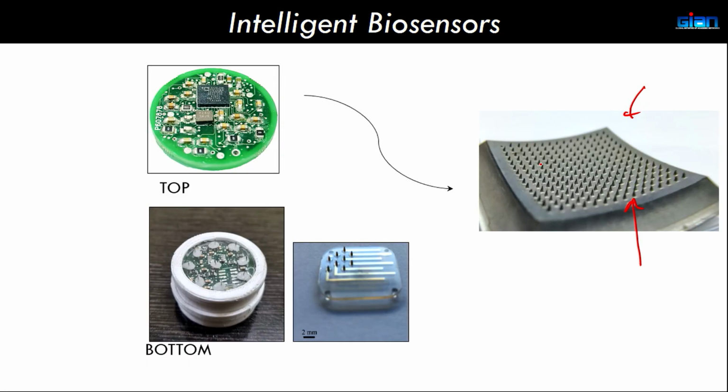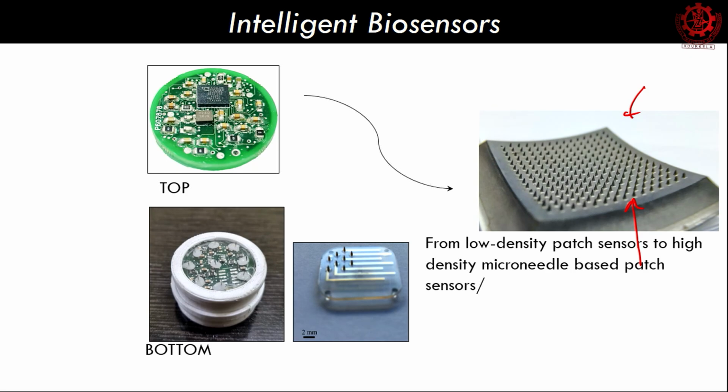These are the fine microneedle structures that you can see here, and they can be used to penetrate the skin and monitor analytes from the interstitial fluid. Generally, this kind of device we have made for low density monitoring, and these microneedles are for high density monitoring.